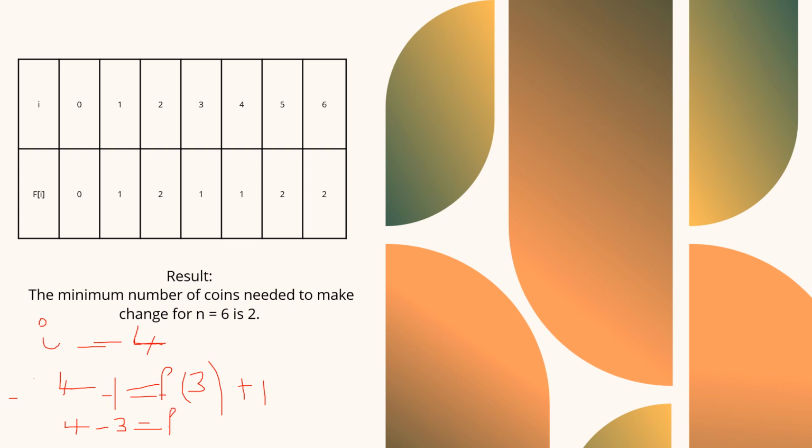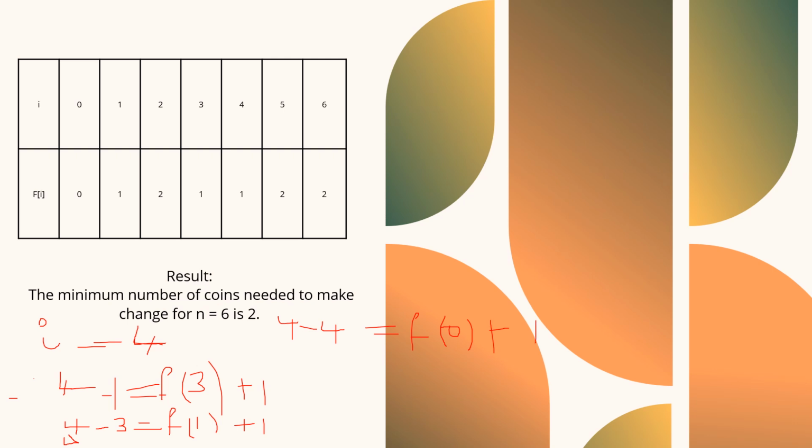So 4 minus 3 is equal to 1, which means that f of 1 plus 1 should be calculated, and also we should calculate 4 minus 4, which is f of 0, so f of 0 plus 1.